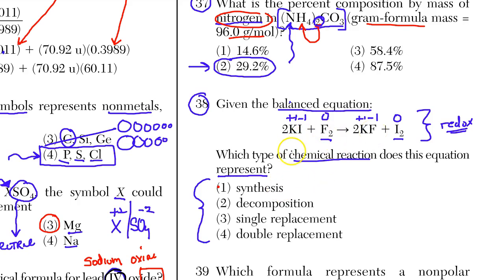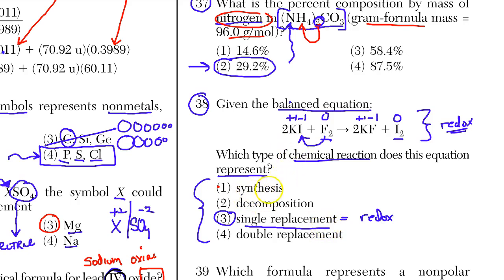Well, we have the F replacing the iodine here. And because it's not double replacement, because you don't have 2 things here, it's a single replacement, which, by the way, is a classic redox reaction. Very classic redox reactions are single replacement reactions.